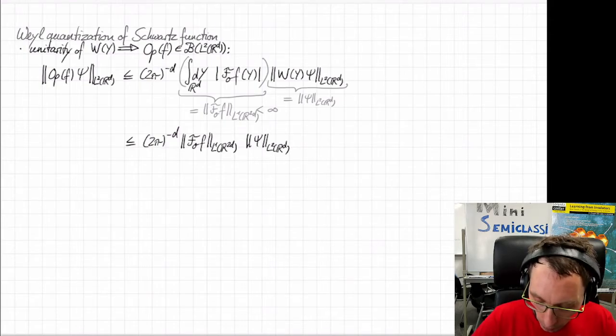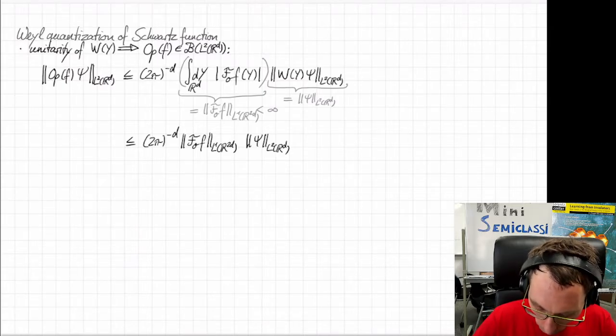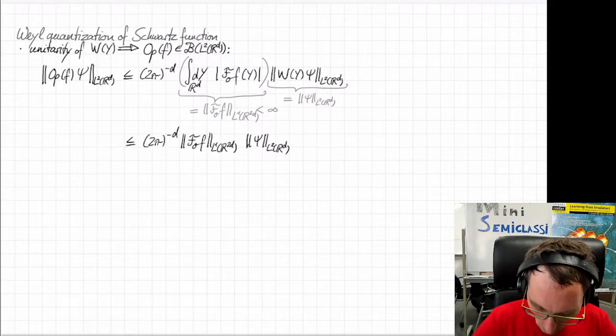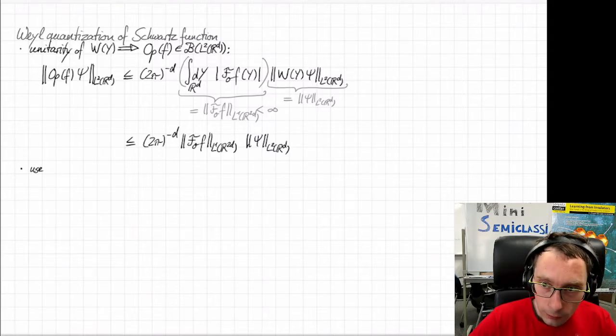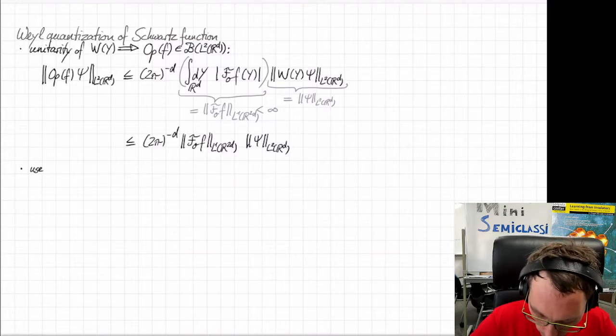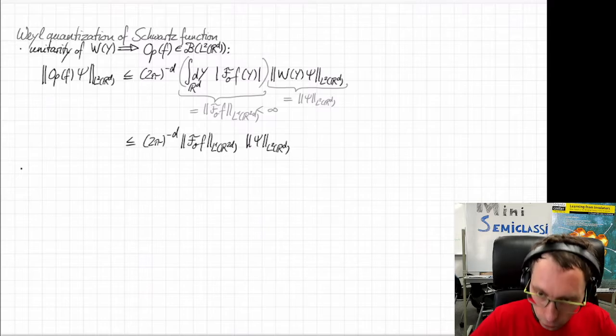So this is a rather simple and crude estimate. You can also use more sophisticated arguments to show that the Weyl quantization of a Schwartz function is actually a continuous map between Schwartz spaces.